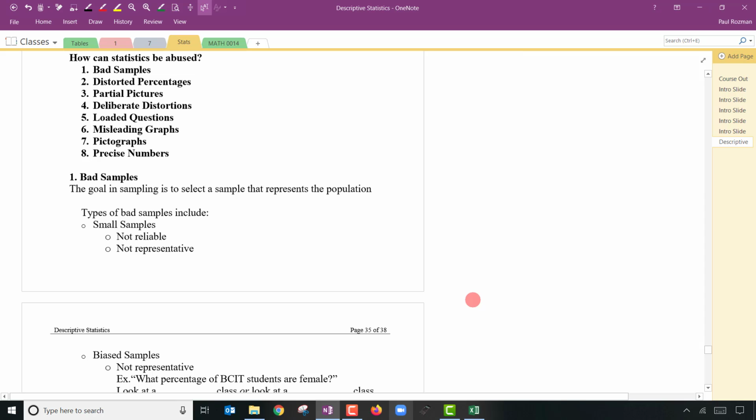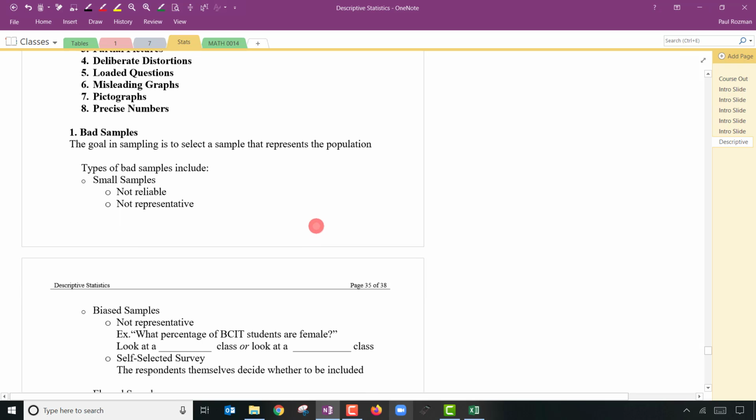Unless it's some sort of controlled experiment where it doesn't involve people, data involving people is very difficult, I should say. You hear a lot that election polls don't always predict the outcome of the election that well in recent years. And that's because we're talking about people, and people are very unpredictable.